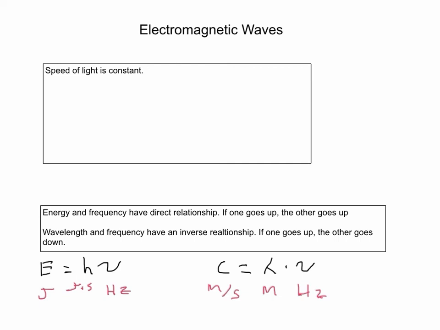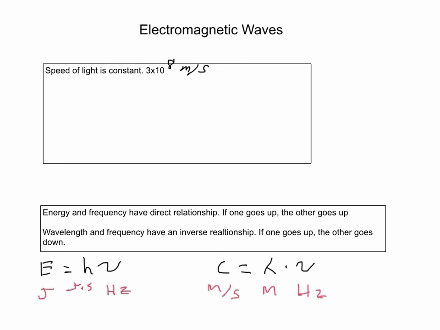And the speed of light is the same for any electromagnetic wave. So radio waves, visible light, gamma rays, all of those different waves, even though they have different energies, travel at the exact same speed. And that speed is 3 times 10 to the 8th meters per second. So this number c, because it's a constant, is never going to change. It is always 3 times 10 to the 8th meters per second.